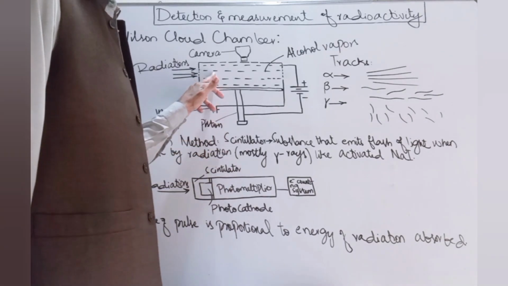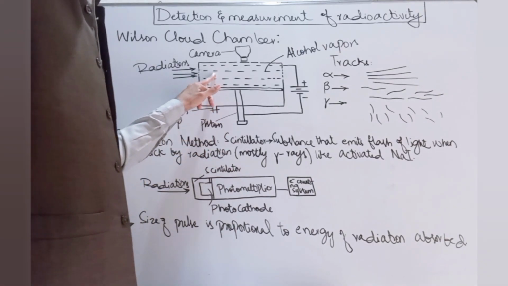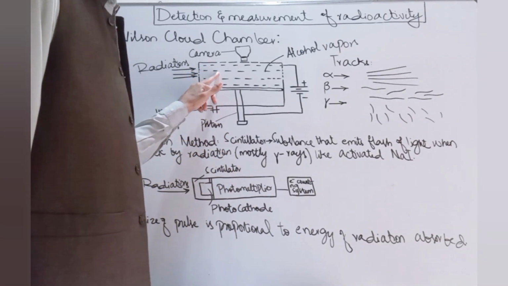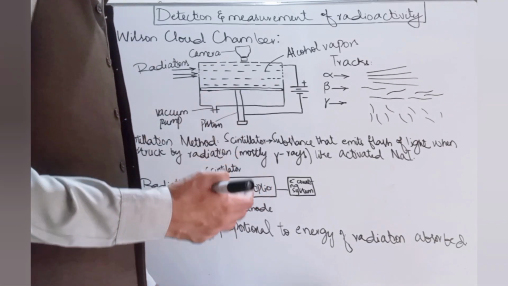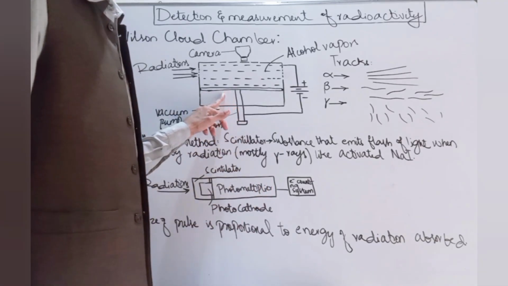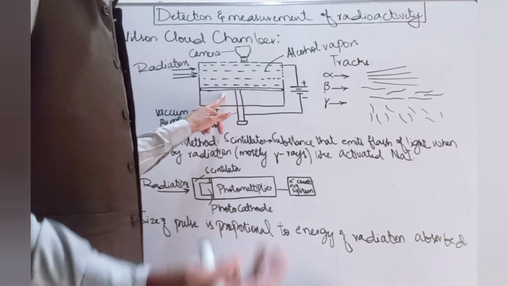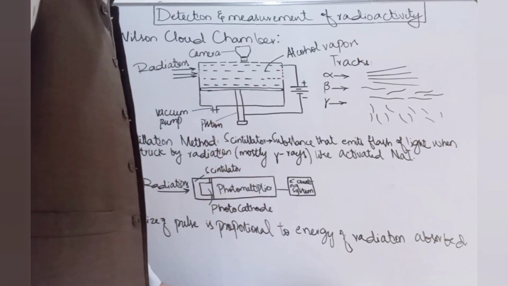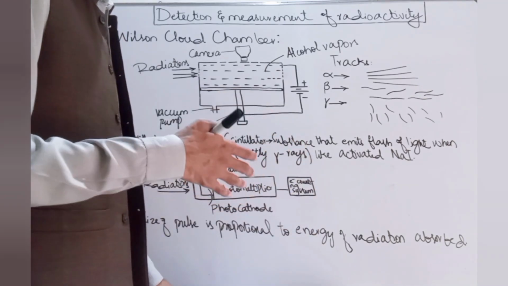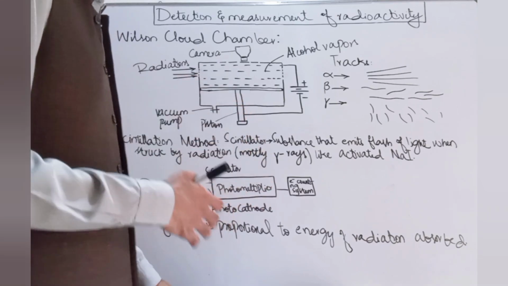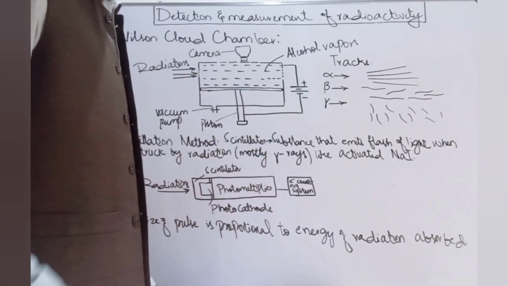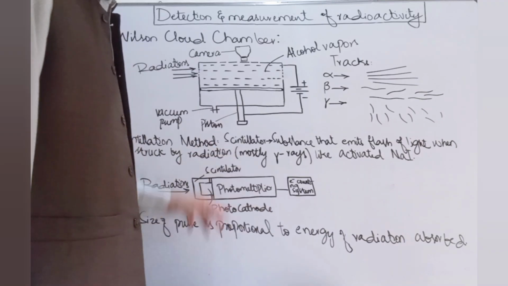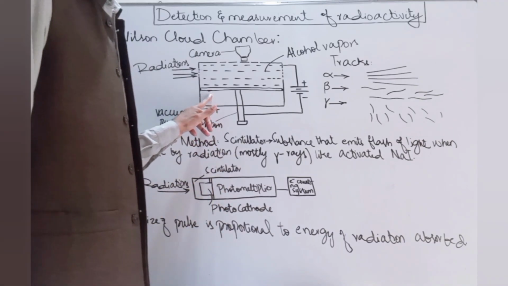So ions are produced in the Wilson cloud chamber, and these ions act as sites for the condensation of the supersaturated vapors of alcohol and water. These vapors condense on the ions, and the condensation of these vapors of water and alcohol produces cloudy tracks within the Wilson cloud chamber.